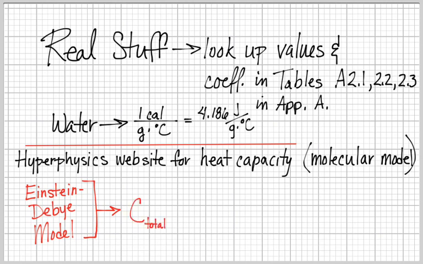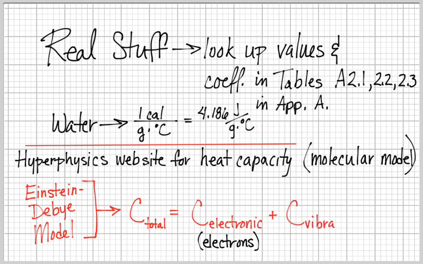The heat capacity total for a material is going to be the electronic contributions to the heat capacity, or the way that electrons are moving through the material will affect the way that energy changes with temperature change.